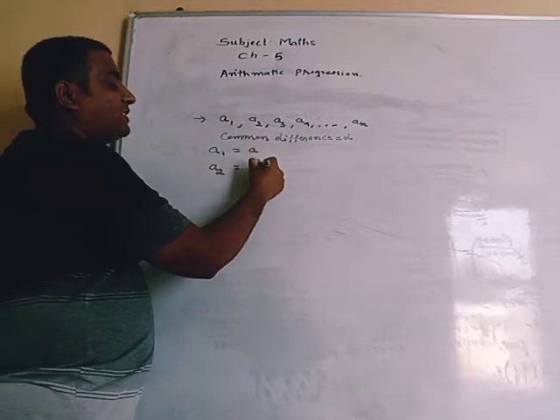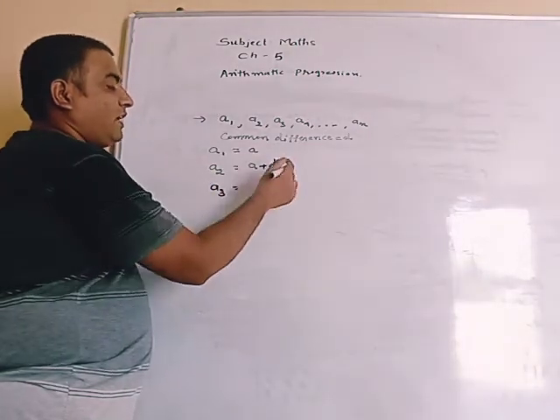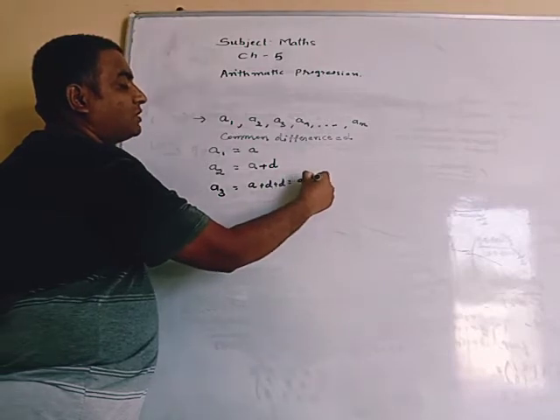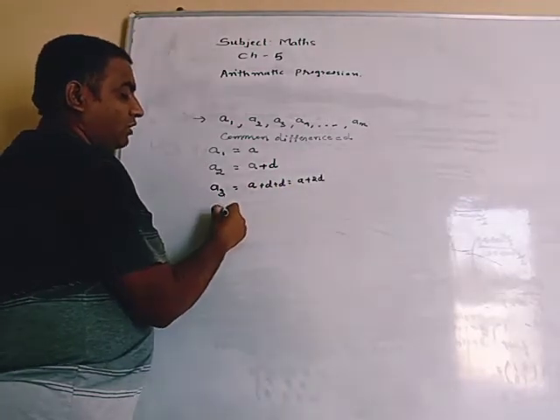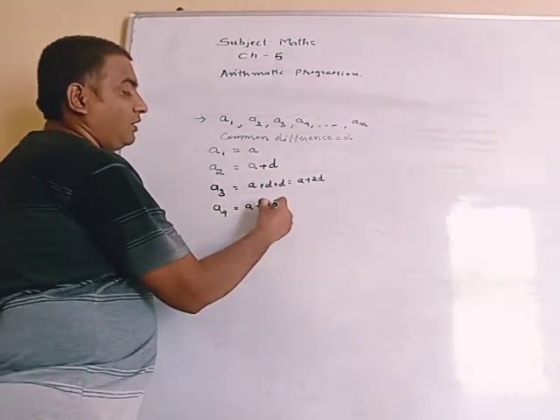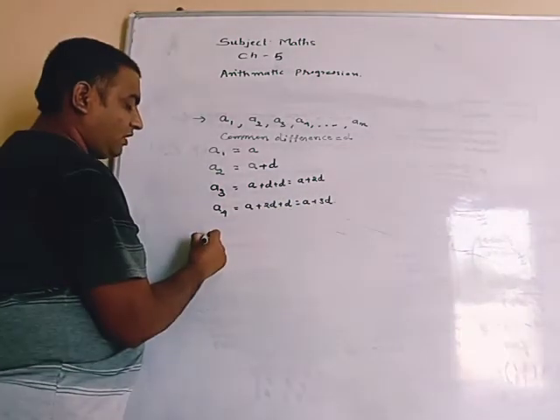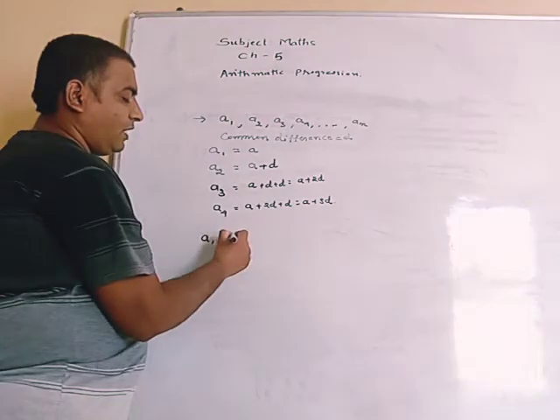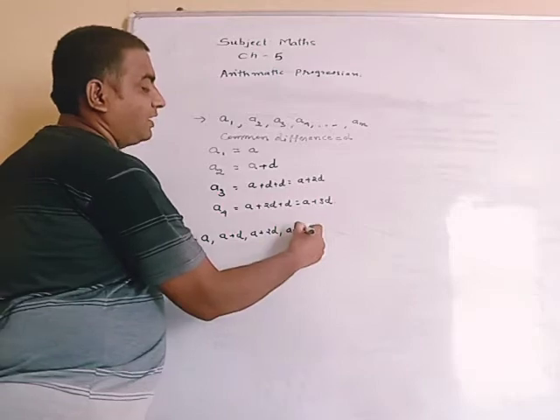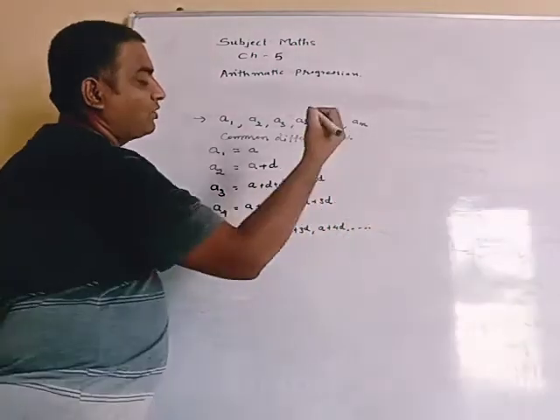So the first term is a, the second term is a plus d, the third term is a plus 2d. The fourth term a4 is a plus 2d plus d, so it is a plus 3d. This is the general form: a, a plus d, a plus 2d, a plus 3d. For the next term one more d is added, so a plus 4d, and it goes on like this.